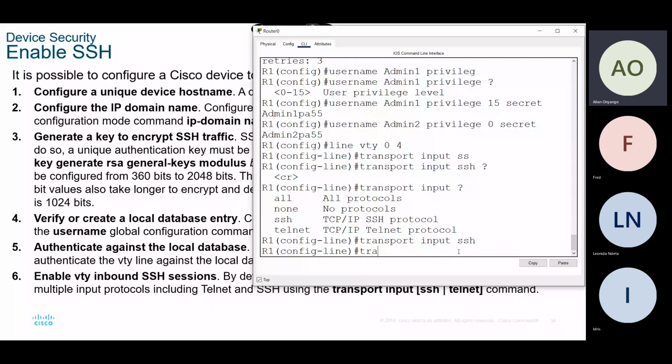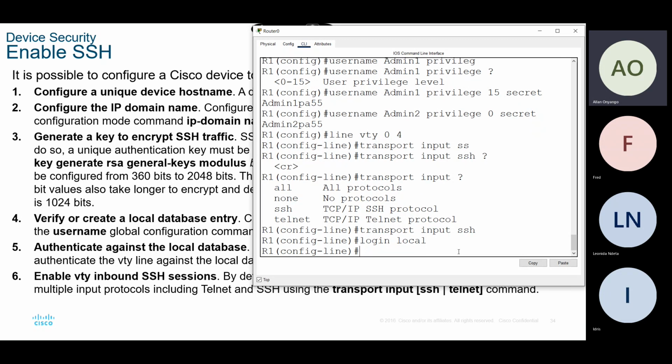So you say login local. Very important. Login local, and you press enter. So transport input SSH, login local.